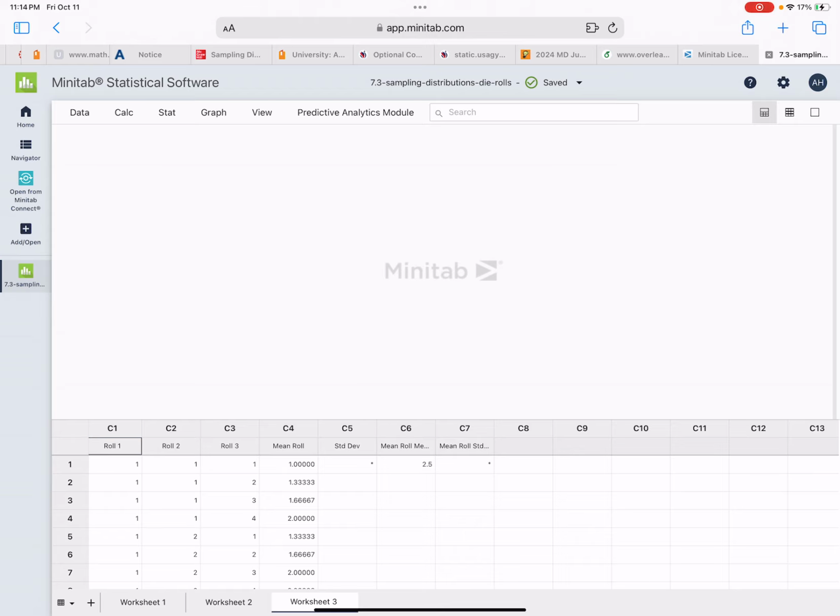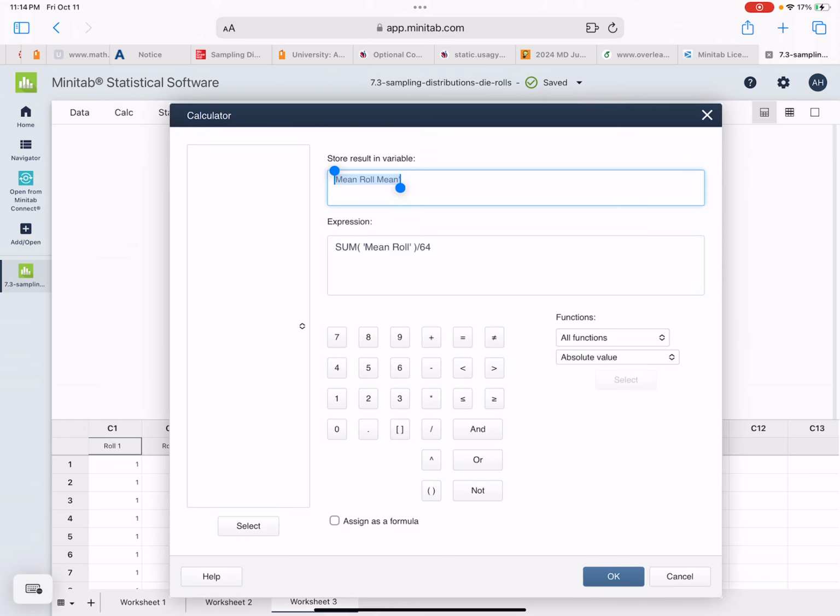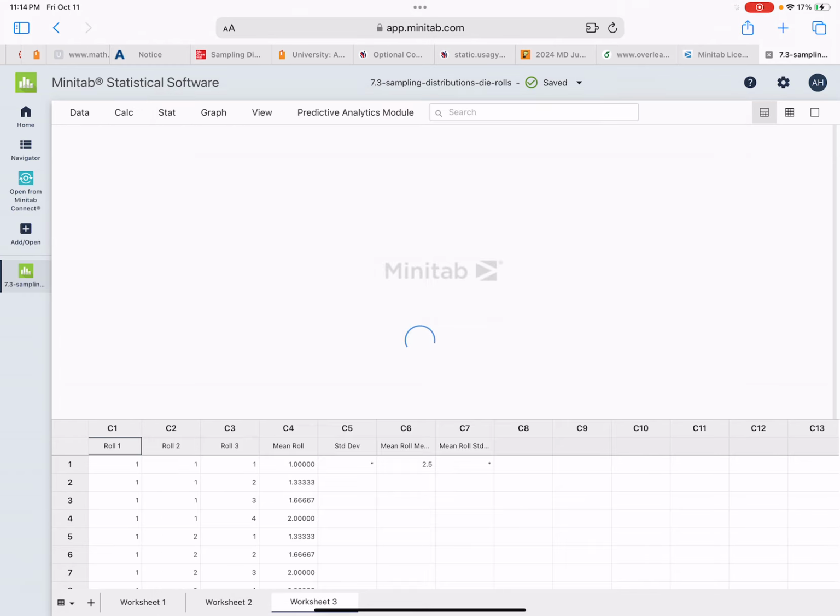What about the standard deviation of the mean rolls? Well, maybe you can think of a pattern there, too. We store that in the proper spot, and we want to make sure that this is being divided by 64. And, look at that, even smaller.